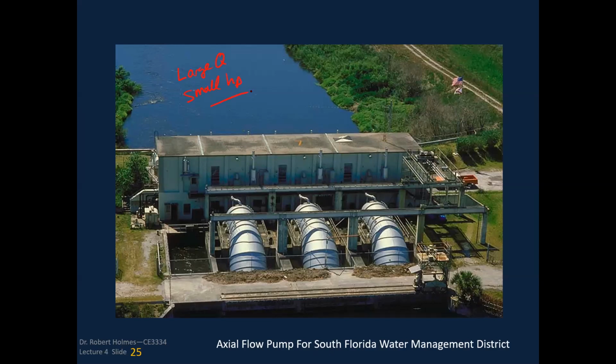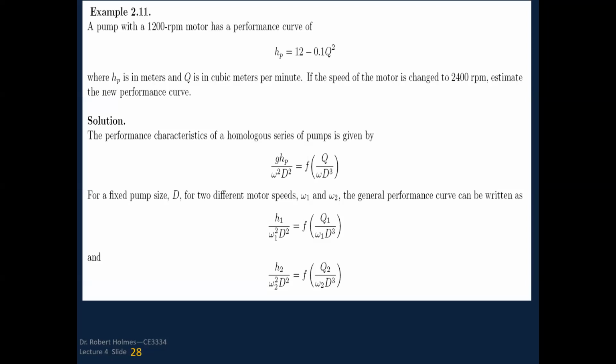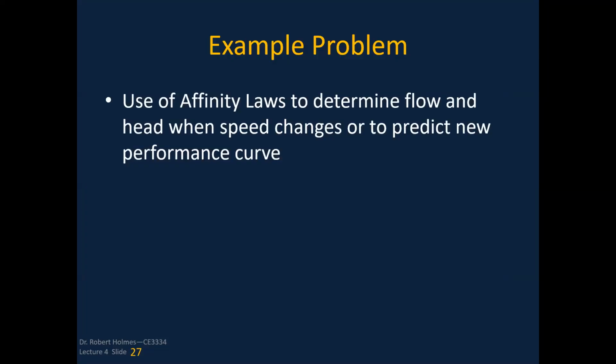So this is a shot of an axial flow pump system down in the Florida Everglades, where you've got a head maybe of 5 to 10 feet, but you're pumping hundreds of cubic feet per second, or several thousands of gallons per minute of water. This is just another shot of this same thing in the South Florida Water Management District. Okay, I'm going to work the example problem in a separate recording.